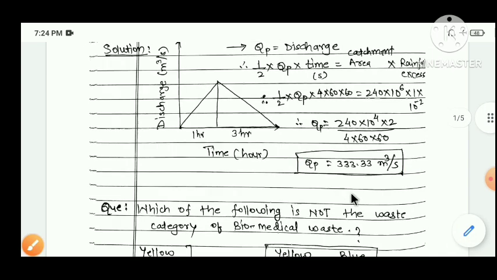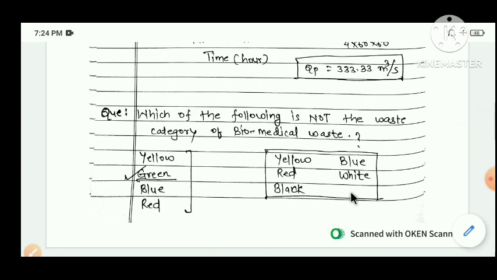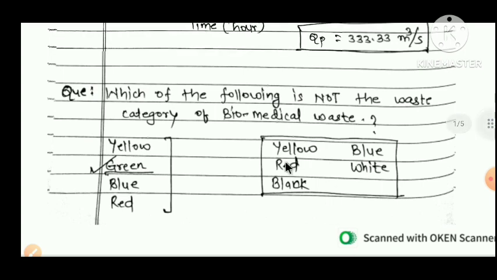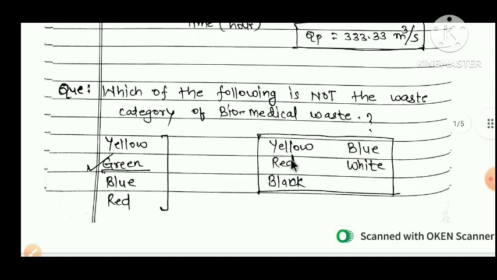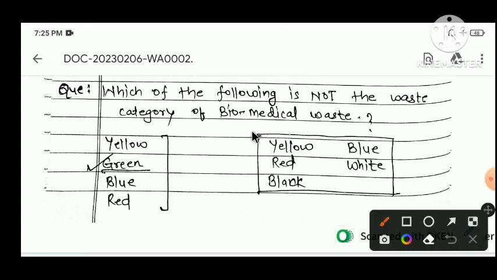Moving to the next question. Which of the following is not the waste category of the biomedical waste? Okay, you have to identify from the given options which option is not the waste category of the biomedical waste. We all know that these are the five waste categories of the biomedical waste, right?